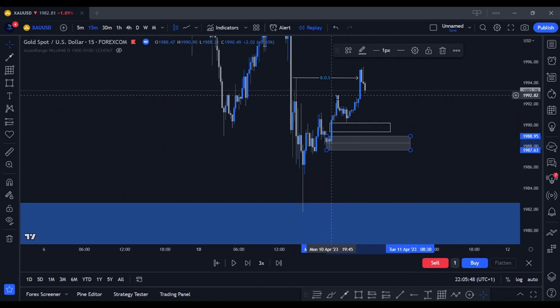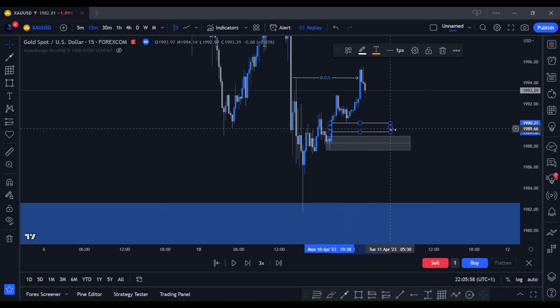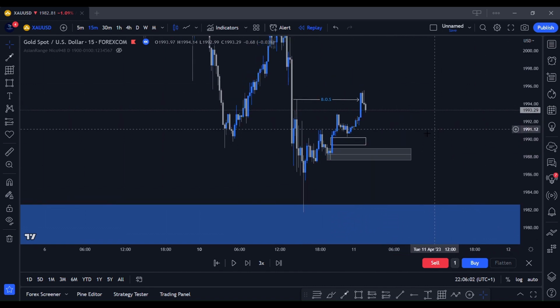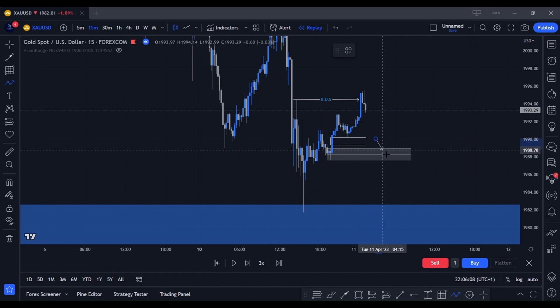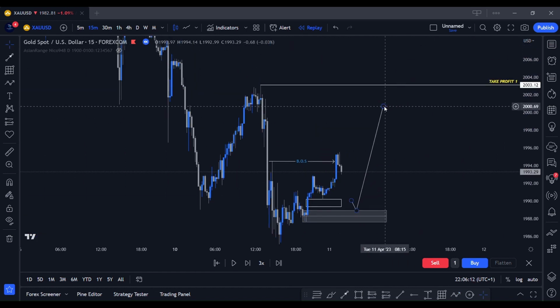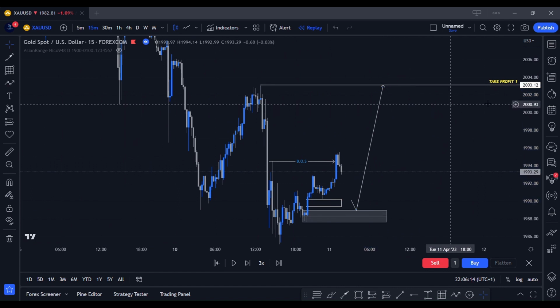However, there was no pullback to our area of order block, or the area that caused this huge spike to the upside. So because of this fair value gap, I should expect the market to pull back to this area here, and then I can be fully comfortable with entering a buy to the upside here, which is where I normally set my take profit.